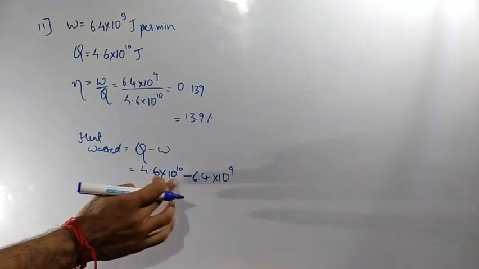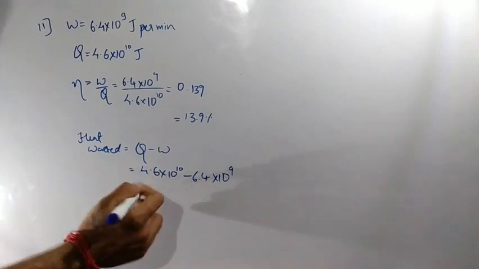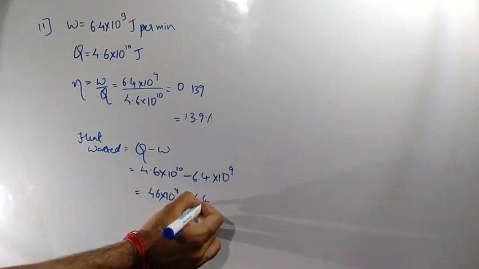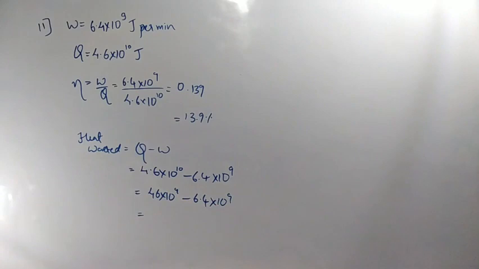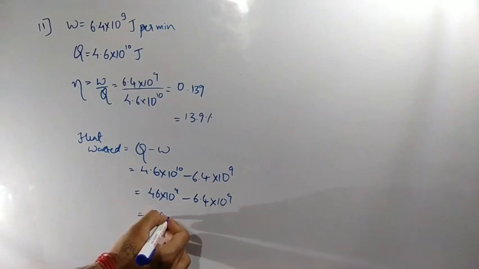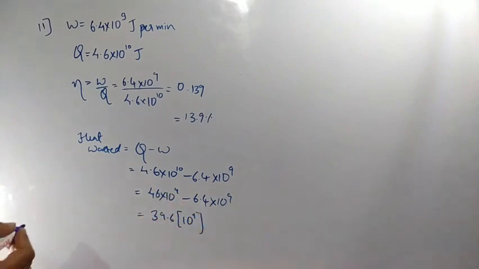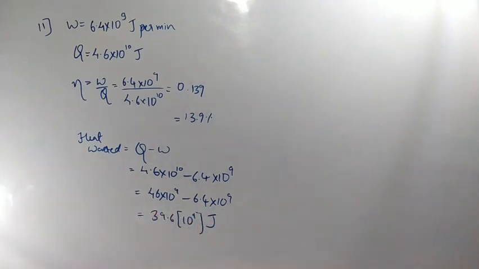Write this in terms of 10 to the power of 9, so it becomes 46 into 10 to the power of 9 minus 6.4 into 10 to the power of 9. Take 10 to the power of 9 common. 46 minus 6.4 is nothing but 39.6. Since the 10 to the power of 9 factor is taken common, this much amount of heat, 39.6 into 10 to the power of 9 joule, is wasted per minute. Okay.